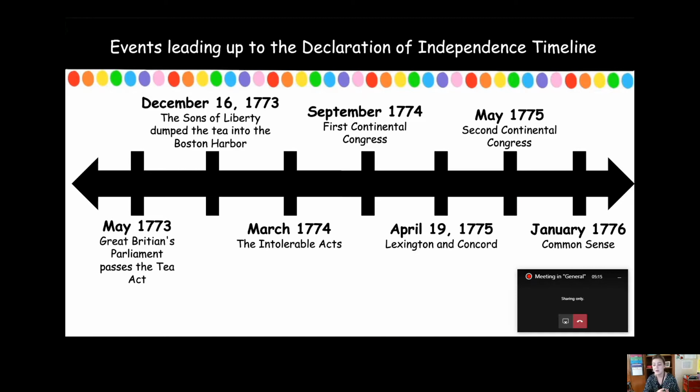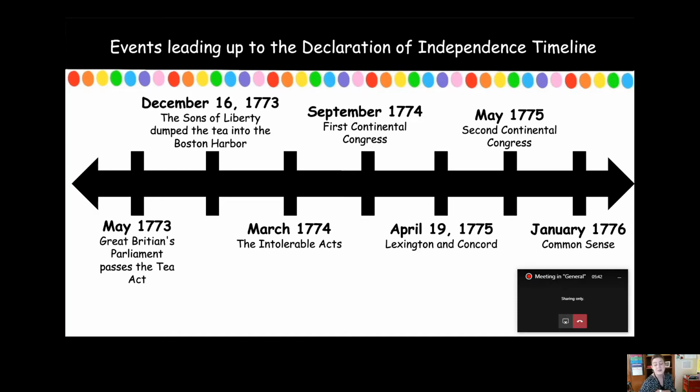And this was when we called it the Boston Tea Party. How ironic, because, you know, tea parties tend to be lovely and nice, and this was obviously not. We were dumping all the tea. We were getting all kinds of rid of it. So the colonists that dressed up as American Indians, the Sons of Liberty, they were protesting the Tea Act that Great Britain's Parliament had passed by dumping the tea.